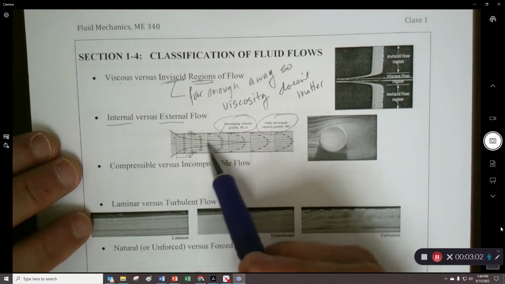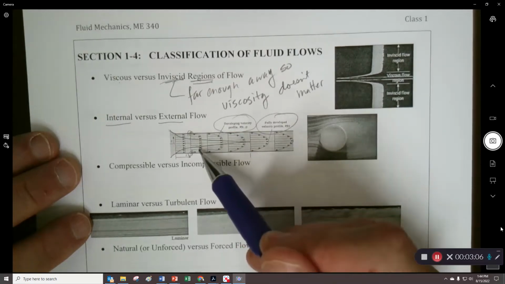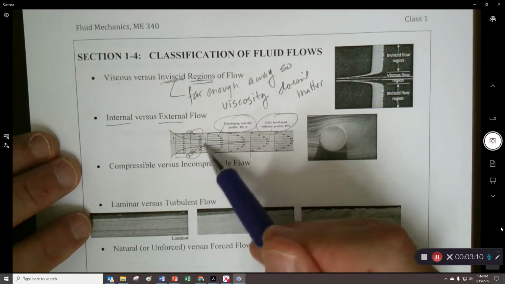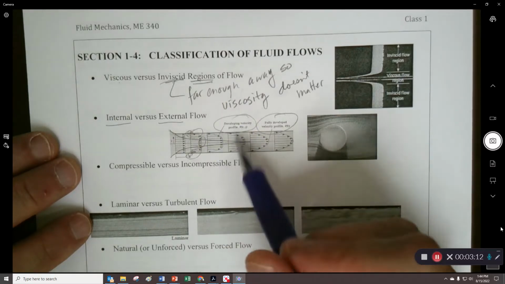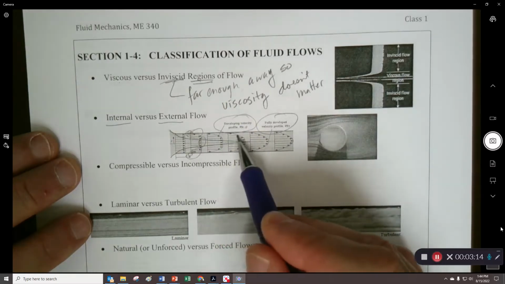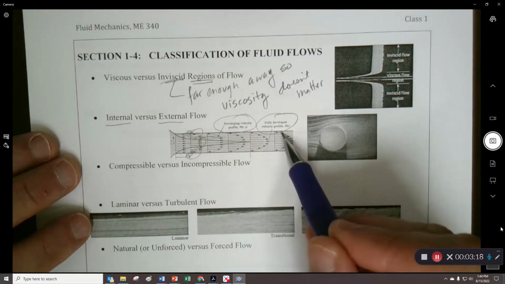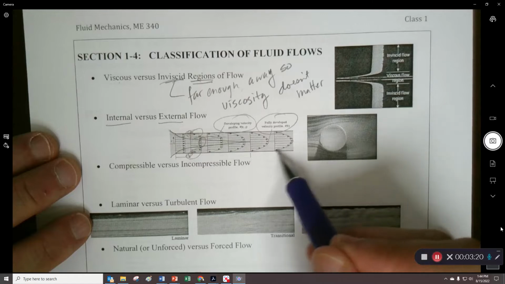So viscosity matters in this region, but it doesn't really matter in that region. Down in the center is an inviscid kind of thing for a little while until it gets to the fully developed region right here, and now viscosity matters all the way along.